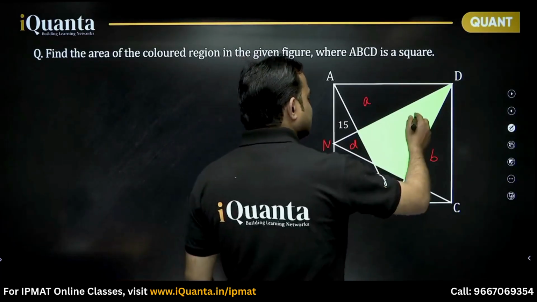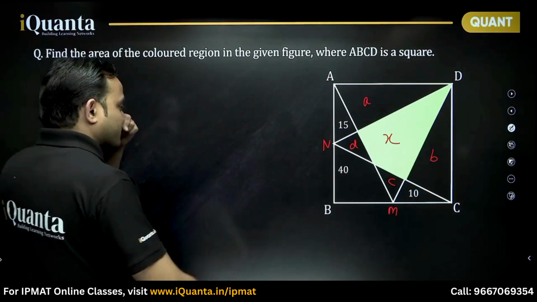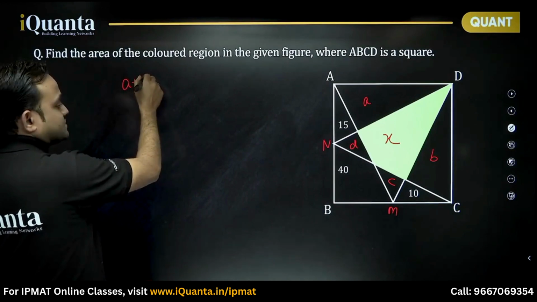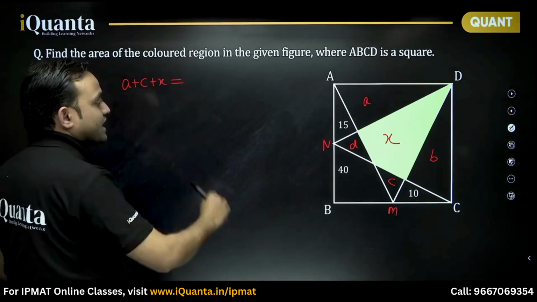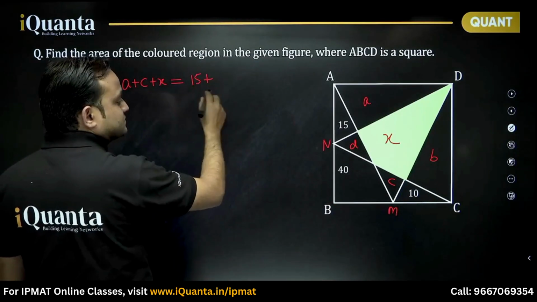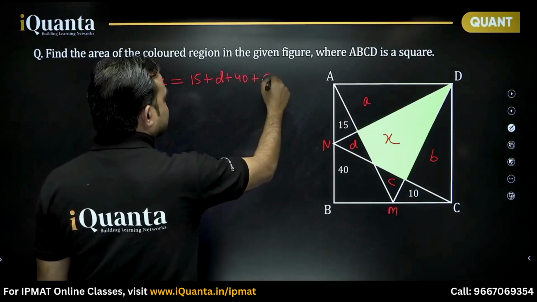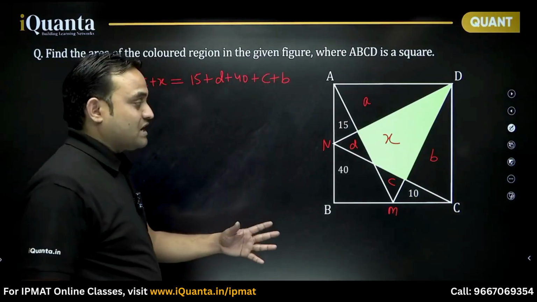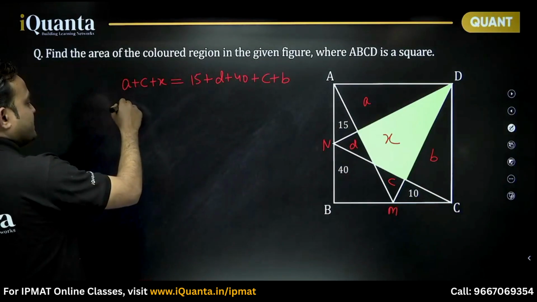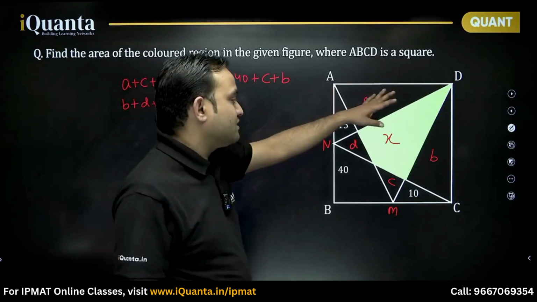Now let's say this shaded region area is nothing but X. Can we say the area of triangle AMD, meaning A plus C plus X, will be equal to the area of the rest of the square, which will be equal to 15 plus D plus 40 plus C plus B. And similarly, we can say the area of D and C will be B plus D plus X. And this will be equal to the rest of the area apart from that.